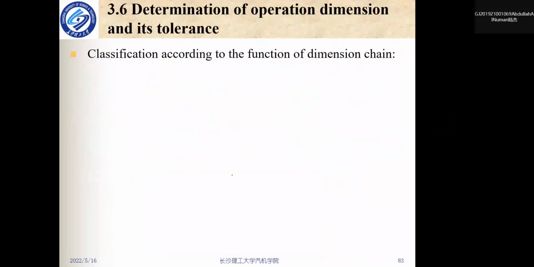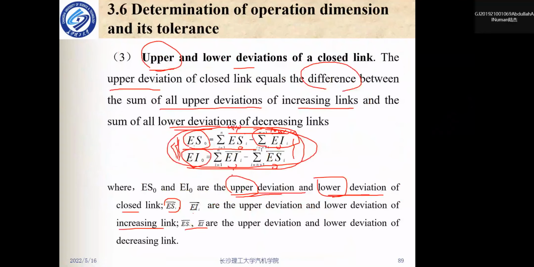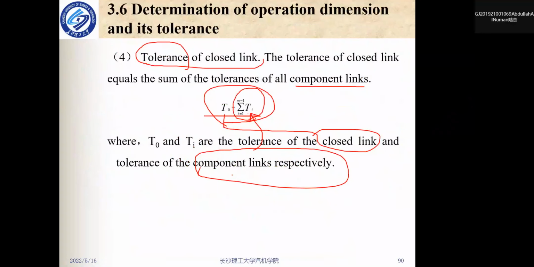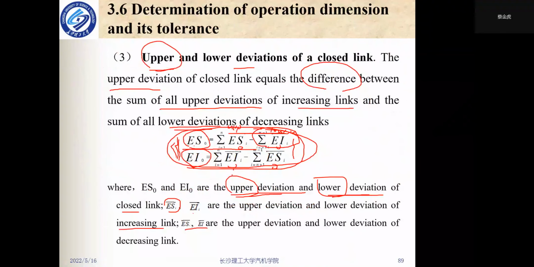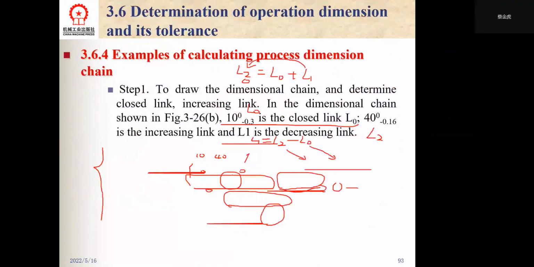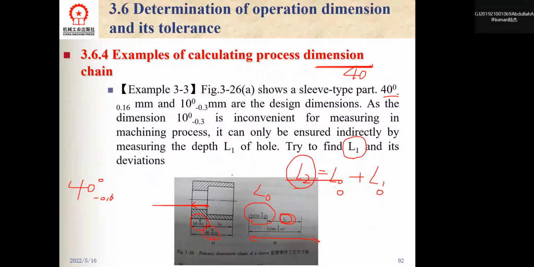You can figure it out by using these equations. I could not understand step one. How can I find out which one is the closed link and which one is the increasing link?